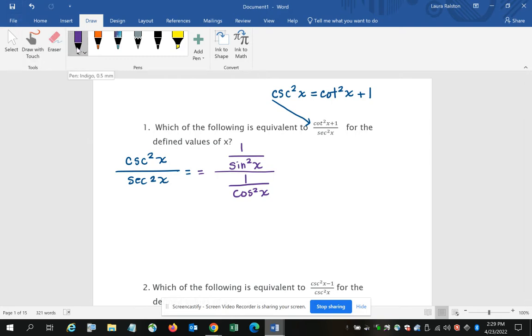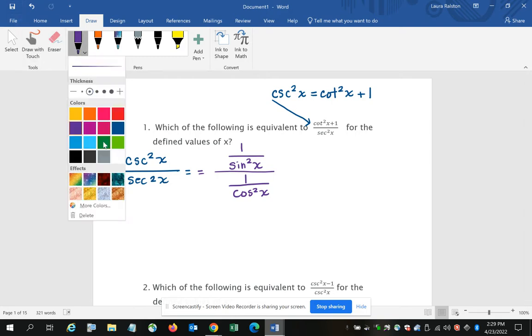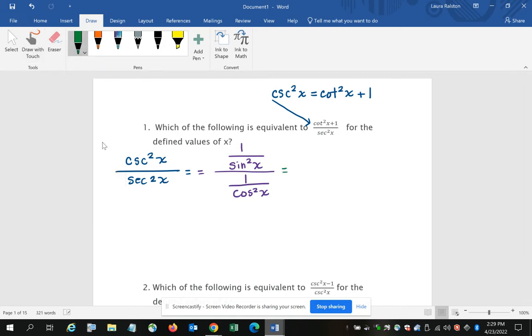So then I have a fraction, and remember that a fraction indicates division. When we divide fractions, we flip and multiply. So this becomes 1 over sine squared x times cosine squared x over 1. We multiply and get cosine squared x over sine squared x.